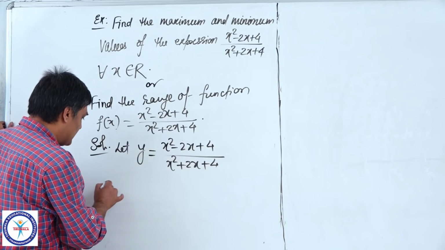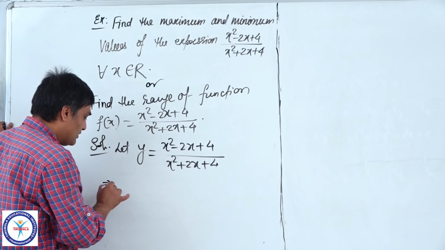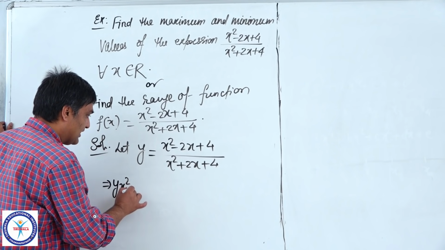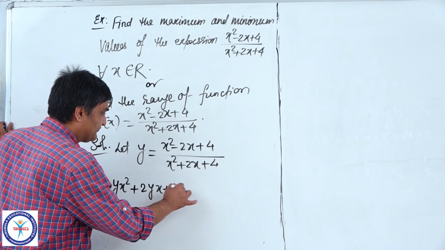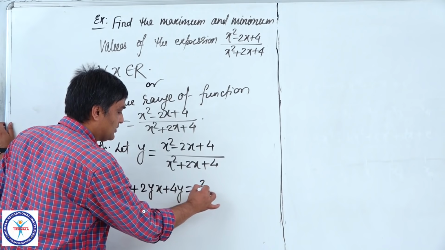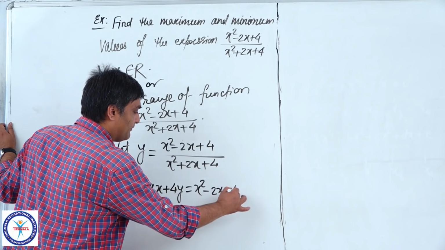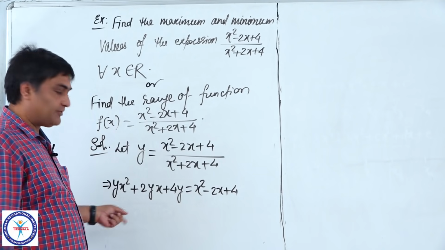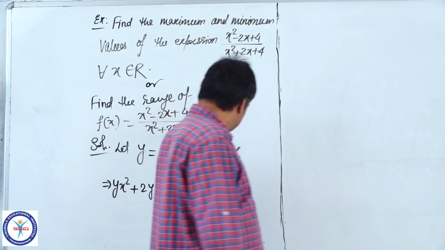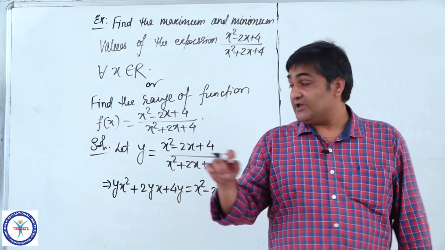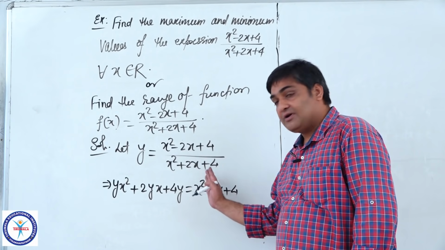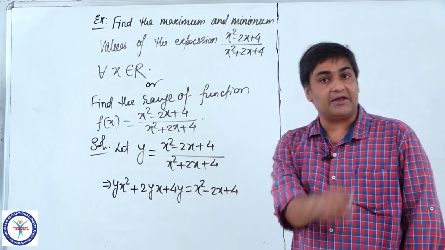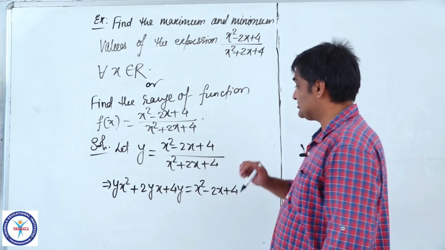Okay. We can also write it as yx square plus 2yx plus 4y equal to x square minus 2x plus 4. Okay. Now, the next step is to write this as a quadratic equation in x.